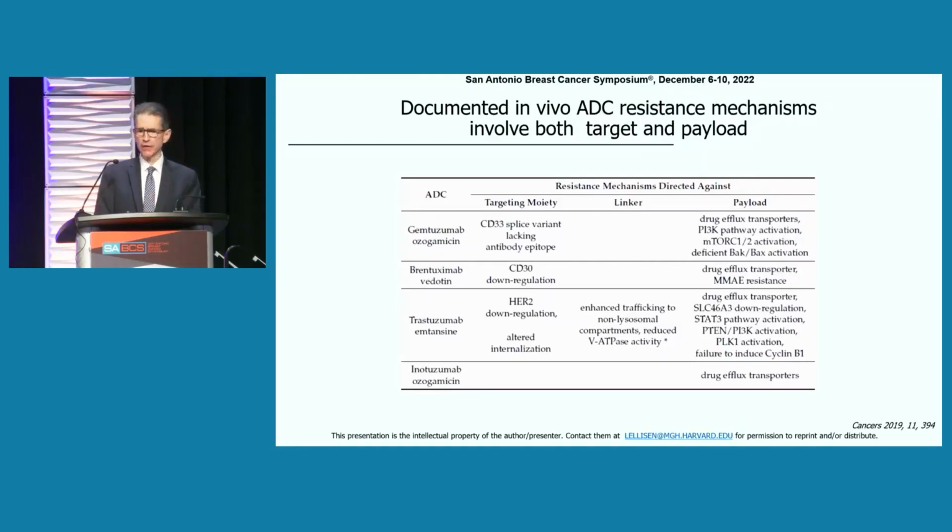And the list goes on, but you get the flavor and the underlying theme that so far at least, most of the in vivo documented resistance mechanisms have to do with either modulation of the target or modulation in a chemotherapy kind of resistance way of the payload.